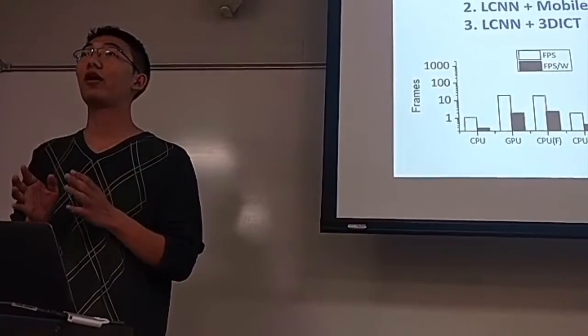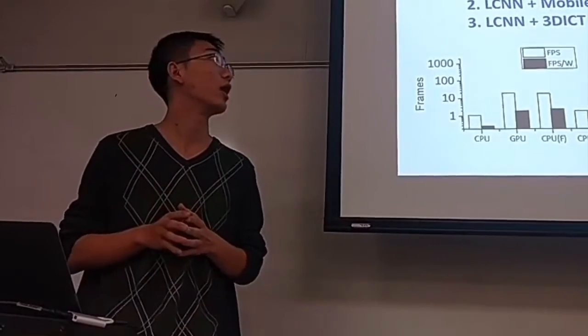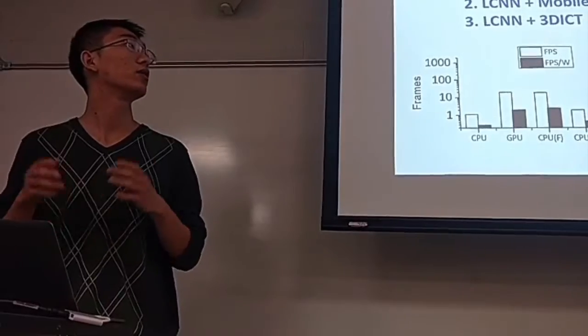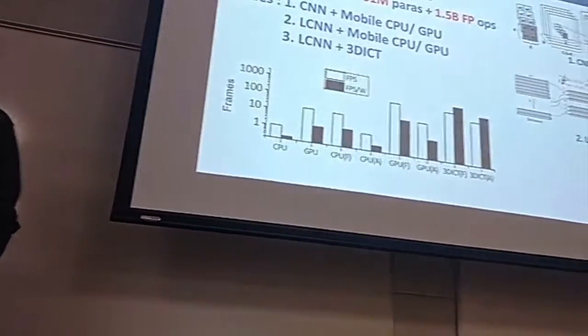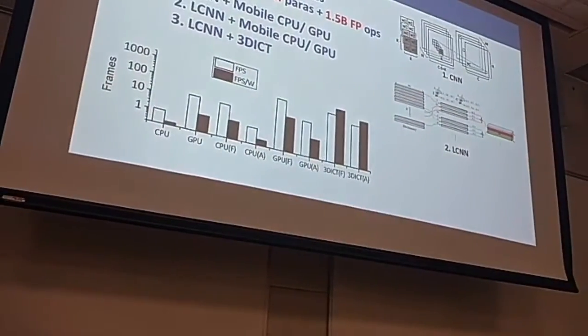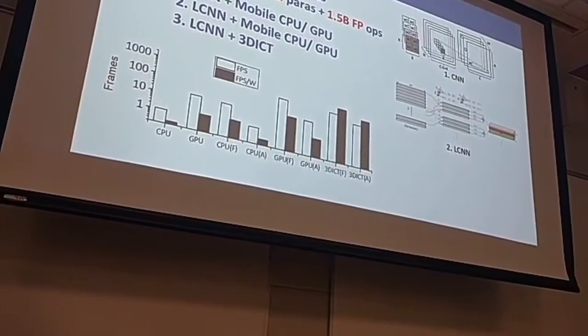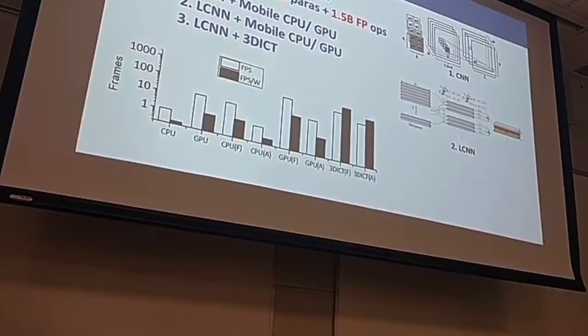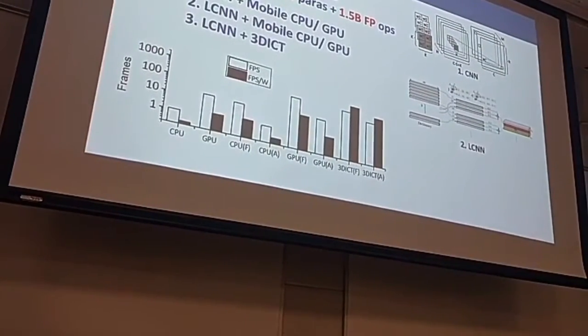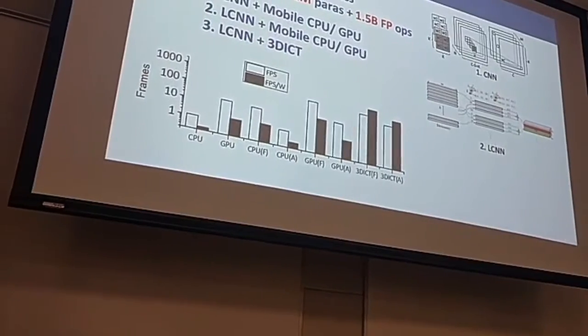At the software level, you can use LCN to replace CNN to speed up. And at the hardware level, you can use GPU, FPGA, or some other ASIC accelerator.